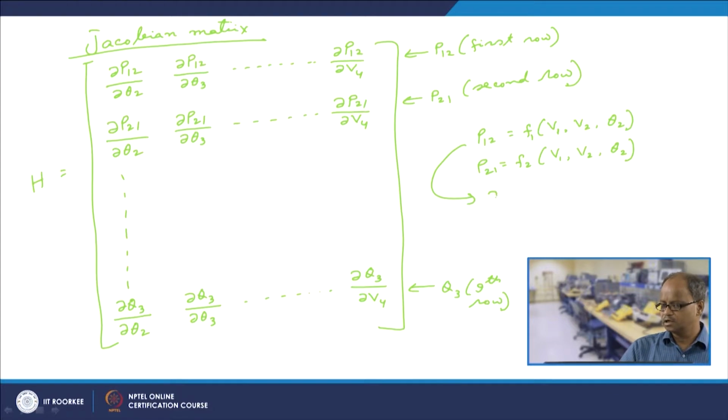Here del P12 by del theta 3, del P12 by del theta 4, del P12 by del V3 and del P12 by del V4 would all be equal to 0.